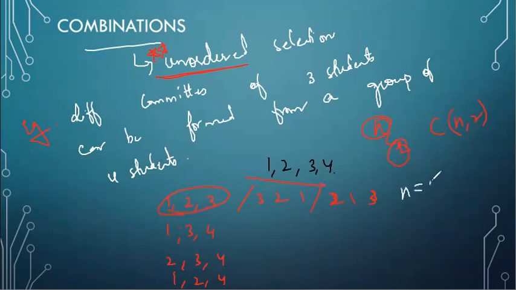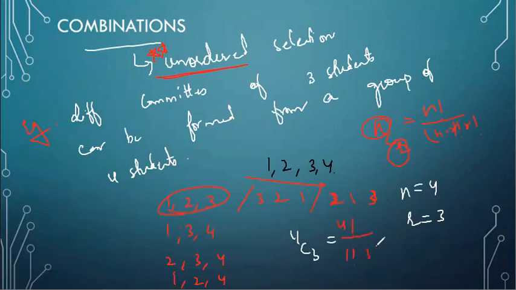So N will be equal to 4, R is 3, and we write 4C3, which is given by the formula NCR is equivalent to N factorial by (N minus R) factorial into R factorial. So it can be written as 4 factorial by (4 minus 3), which is 1 factorial, into 3 factorial. 4 into 3 factorial by 3 factorial. So the solution is 4. That is, we got 4 selections of committees.